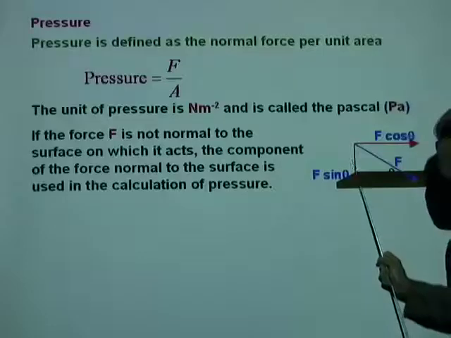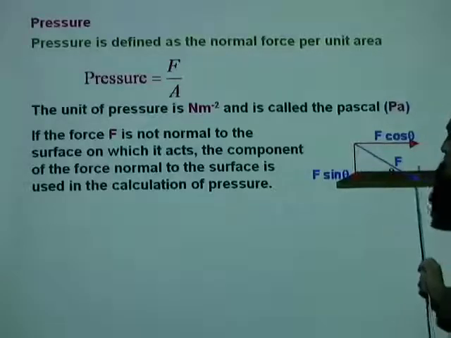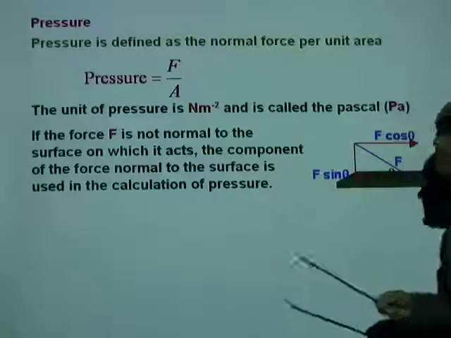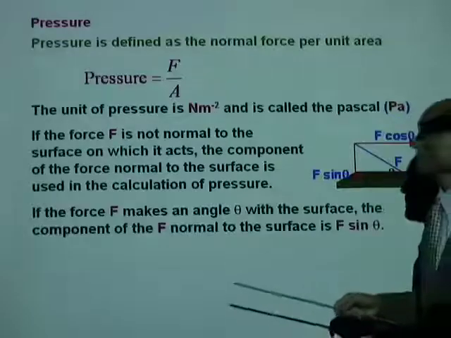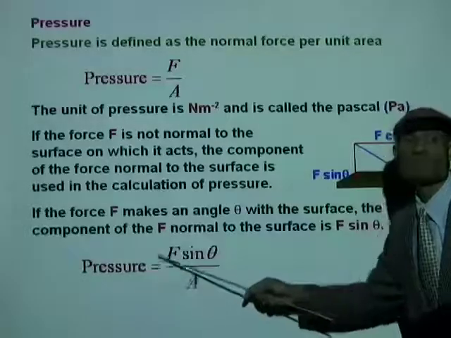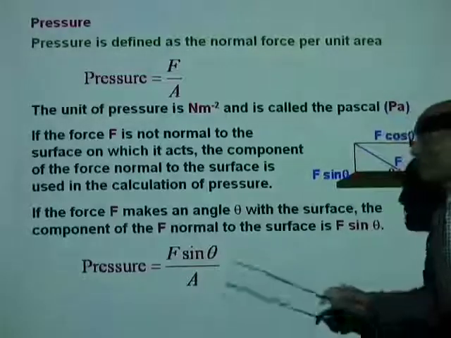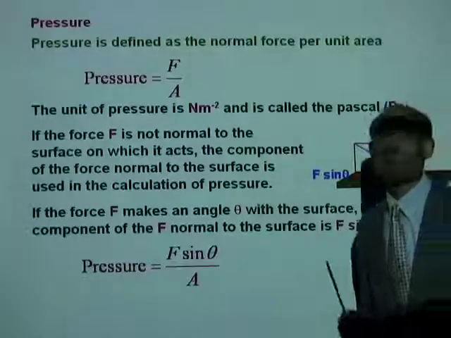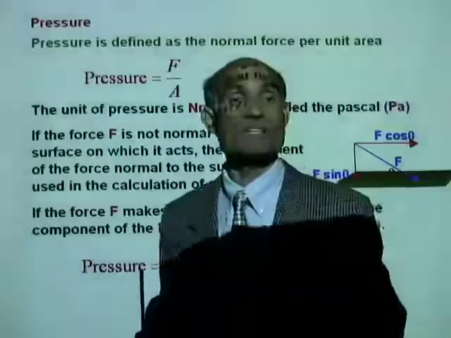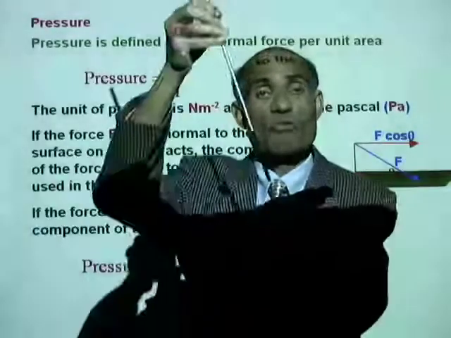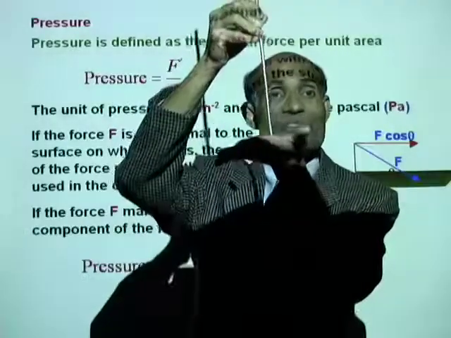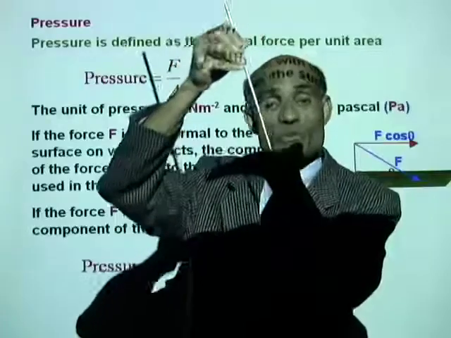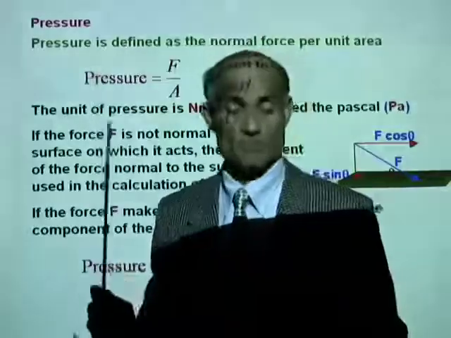It is this F sin theta that contributes to the pressure on that surface. So in that case we will say pressure equals F sin theta divided by A. So pressure is calculated as the force at right angles to a given area divided by that area.